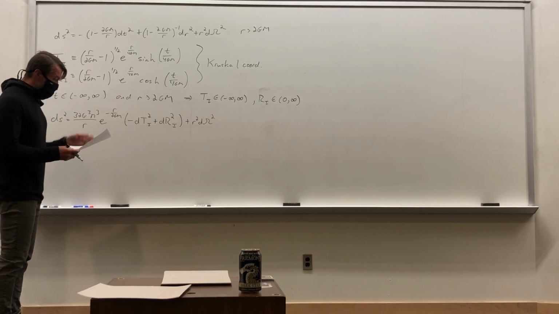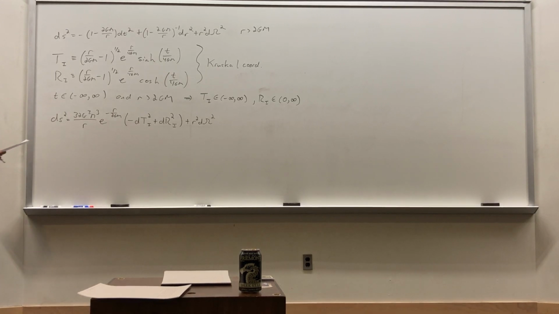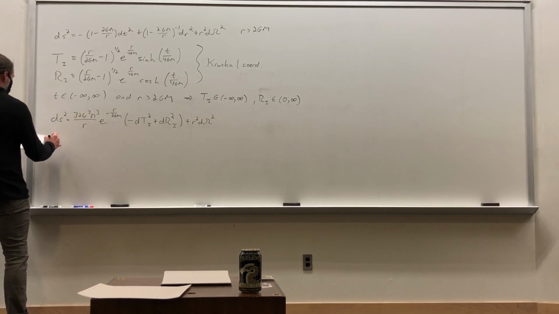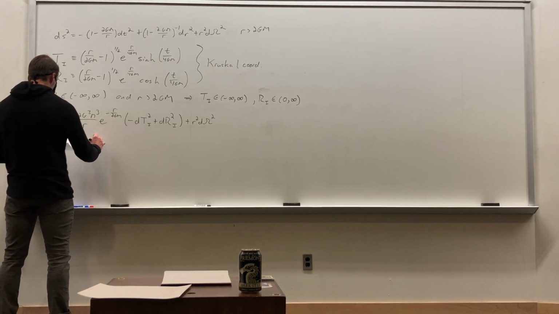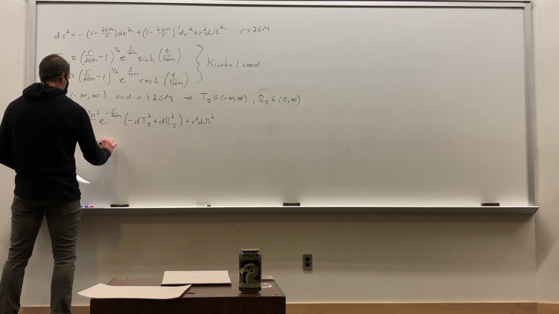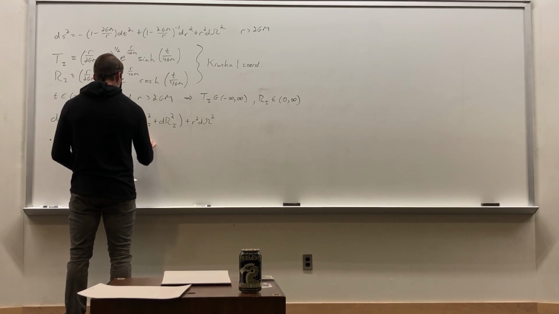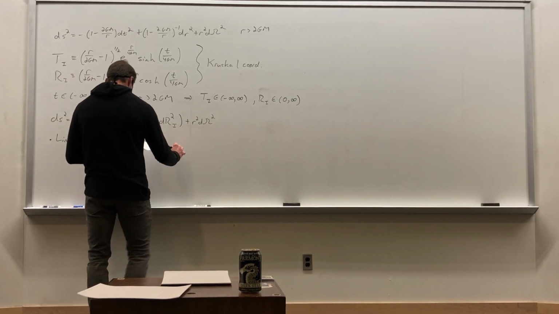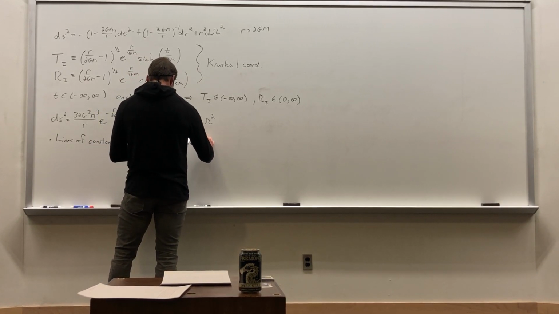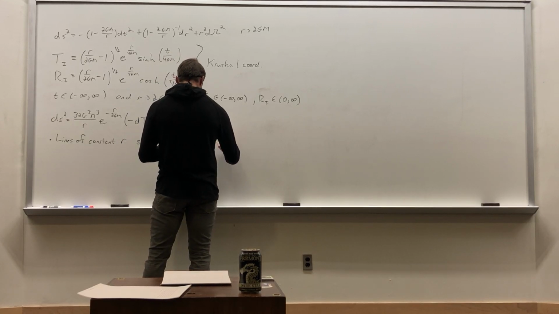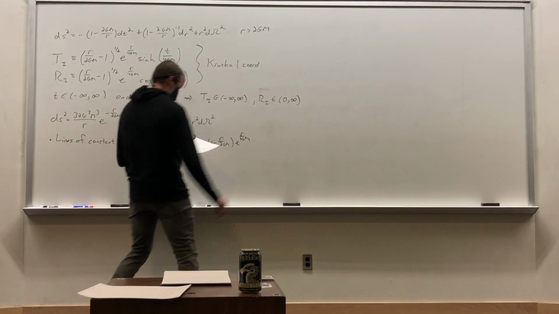But let's talk about some important aspects of these Schwarzschild coordinates, in particular by looking at this metric. So, first of all, lines of constant r satisfy T1 squared minus R1 squared equals (1 minus r over 2GM) e to the r over 2GM.